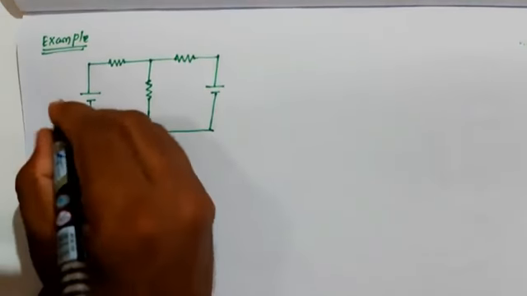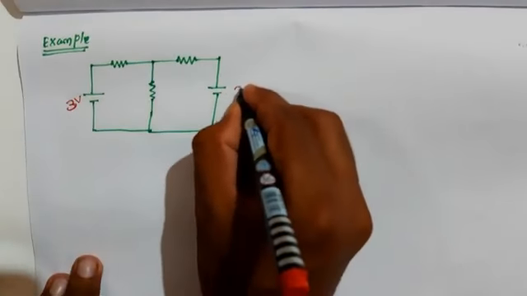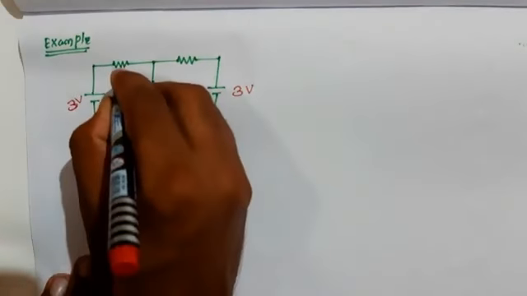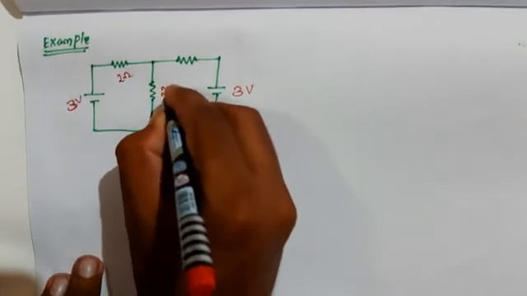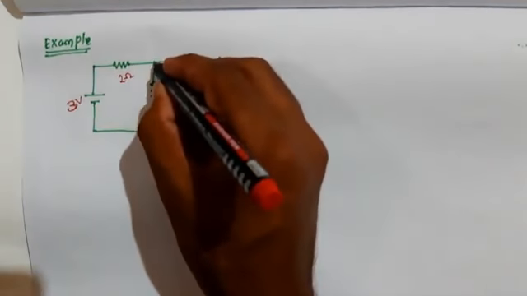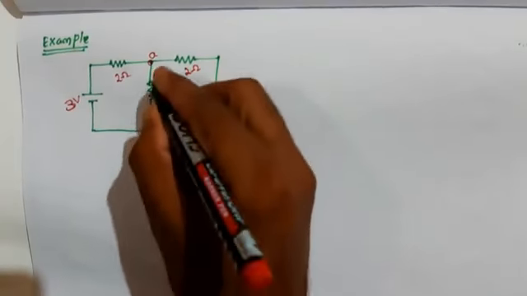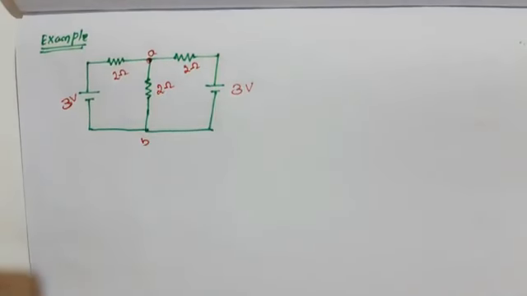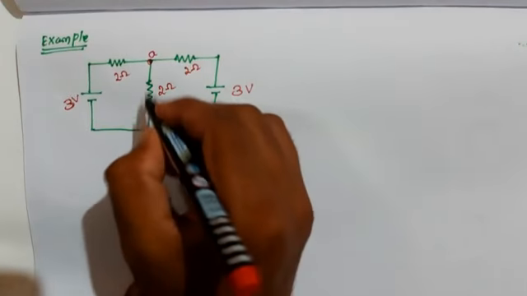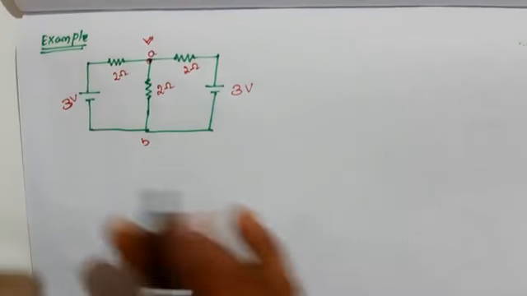Let this be 3 volt, this 3 volt, this 2 ohm, this 2 ohm, and this 2 ohm. If you want to find the voltage or current in this AB branch, we first go with the nodal method. Let's find this current or voltage. If you find this voltage, then we apply KCL here. Let's do it with nodal, and after that we go with superposition.